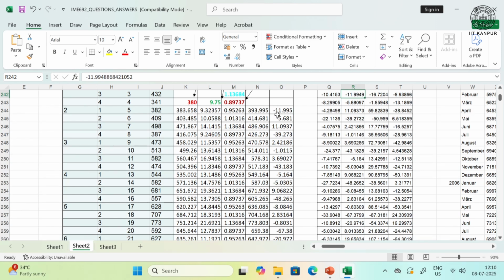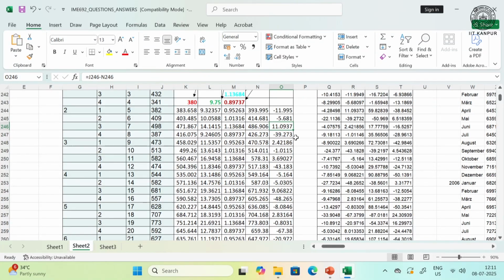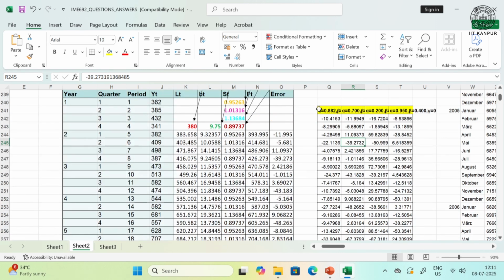I have just copied it. I have done it before, already saved, to save time in explanation. So, that is why I am just highlighting plus 11.0937, plus 11.0937, minus 39.273, minus 39.273. So, if I keep changing, I have these 4 values of alpha, beta, gamma.